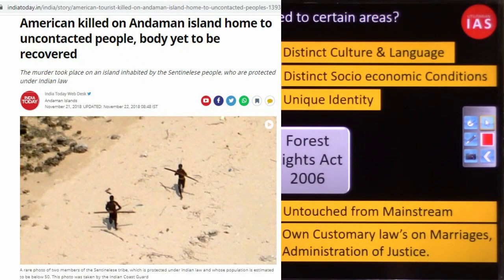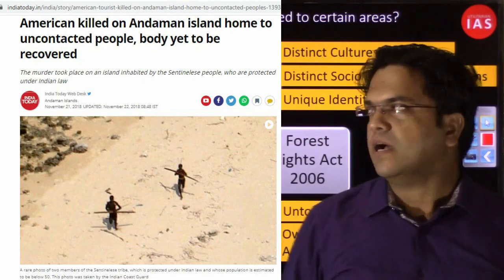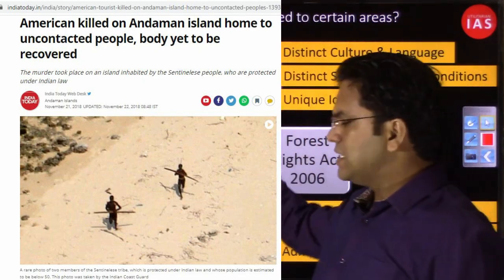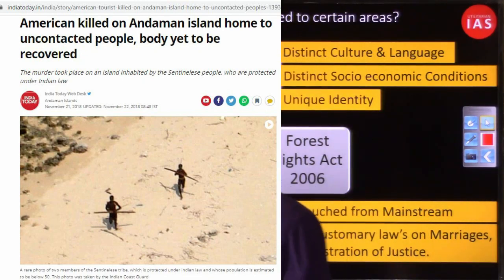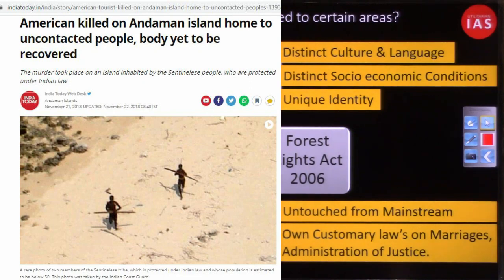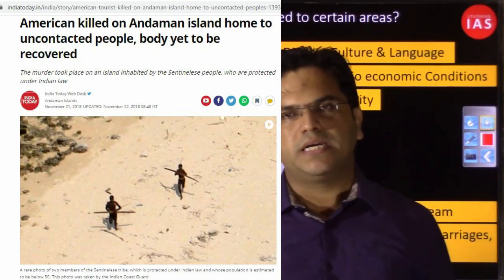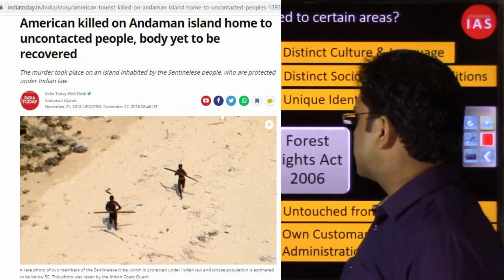So recognizing these special needs, along with this PESA, you have Article 370, and a separate ministry that has been created to take care of their interests, the Ministry of Tribal Affairs. Then you have the 5th and 6th Schedule, and how they protect the rights of tribal people. We'll discuss that when we have a dedicated chapter on the 5th and 6th Schedule.